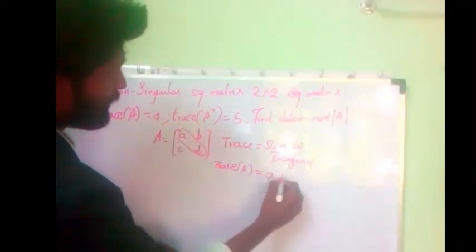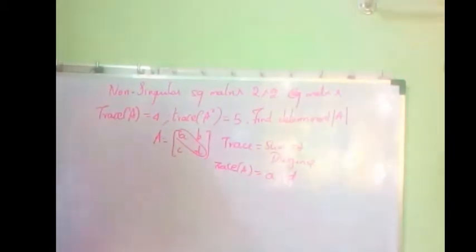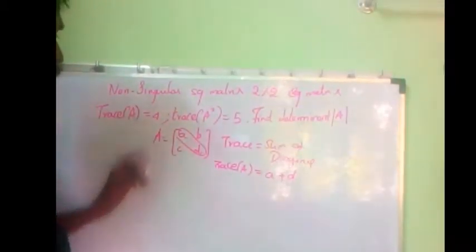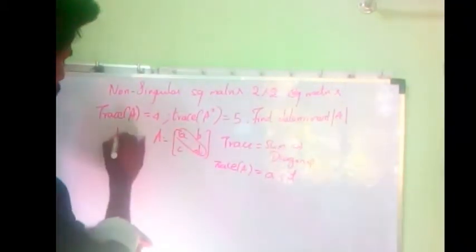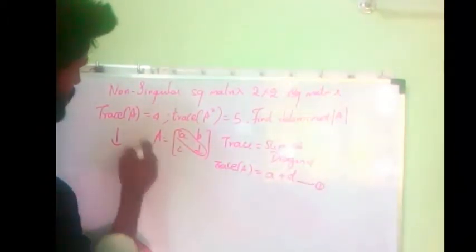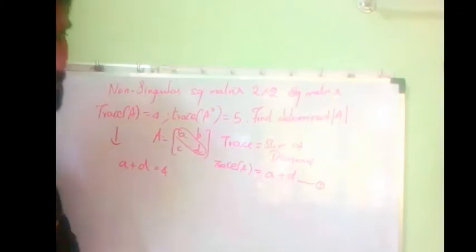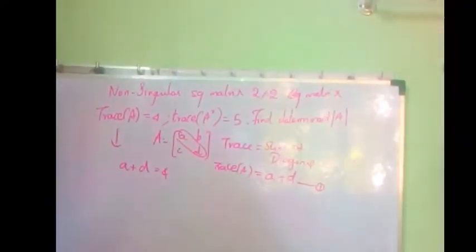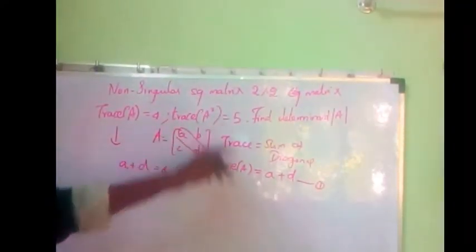So trace of A is equal to a plus d. They have given trace of A, so take this as one: a plus d equals 4.